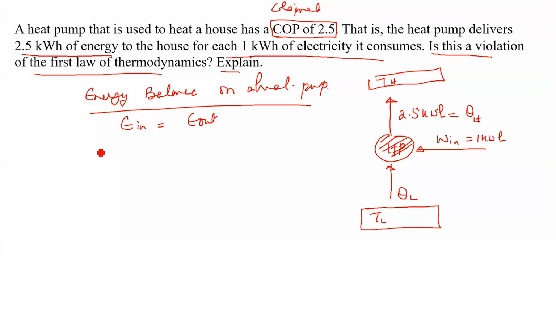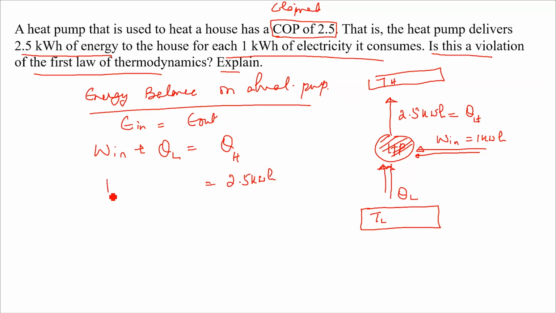E in is work in, coming to the system, plus QL, again coming to the system, essentially equal to QH moving out of the system. All right. I know QH is 2.5 kilowatt hour.